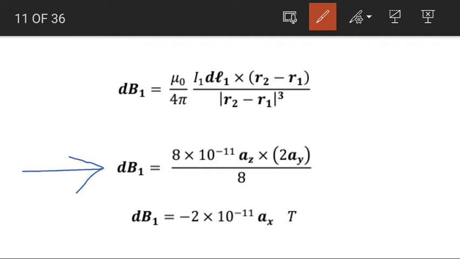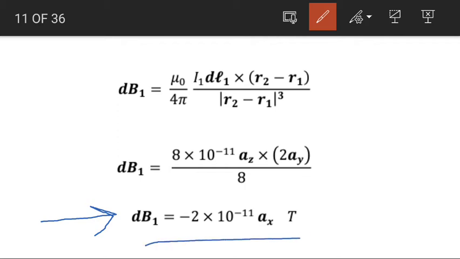We have 8 into 10 raised to power minus 11 Az cross 2Ay divided by 8. So the differential magnetic flux density which is generated by the first differential current element will be equal to minus 2 into 10 raised to power minus 11 Ax Tesla or Weber per square meter.